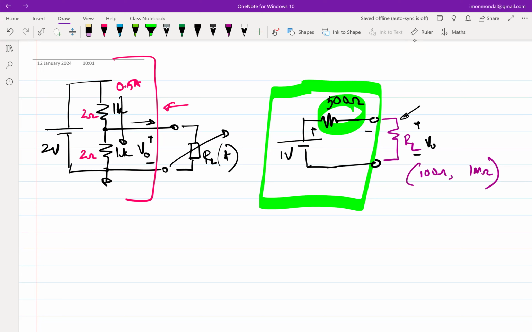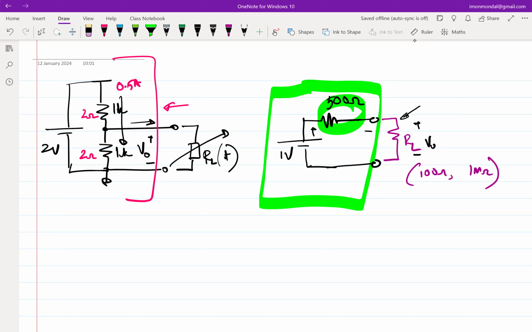What we want to do is to ensure that the wastage of the current is minimal, under the condition that RL varies from, let's say, 100 ohm to 1 mega ohm. Which essentially means that when RL is 1 mega ohm, we would like to also waste minimum current. But when RL equals 1 mega ohm, the amount of current required to sustain 1 volt will be what?